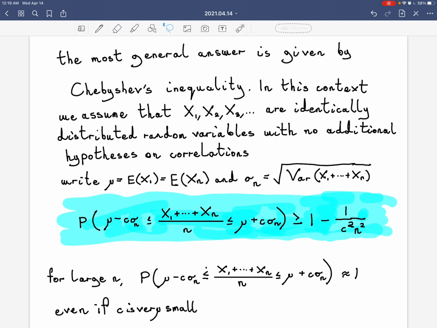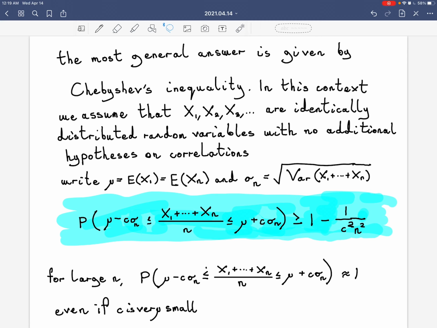And then this inequality is telling you that a certain lower bound holds on the probability of an average of samples being within mu minus c sigma over root n and mu plus c sigma over root n.